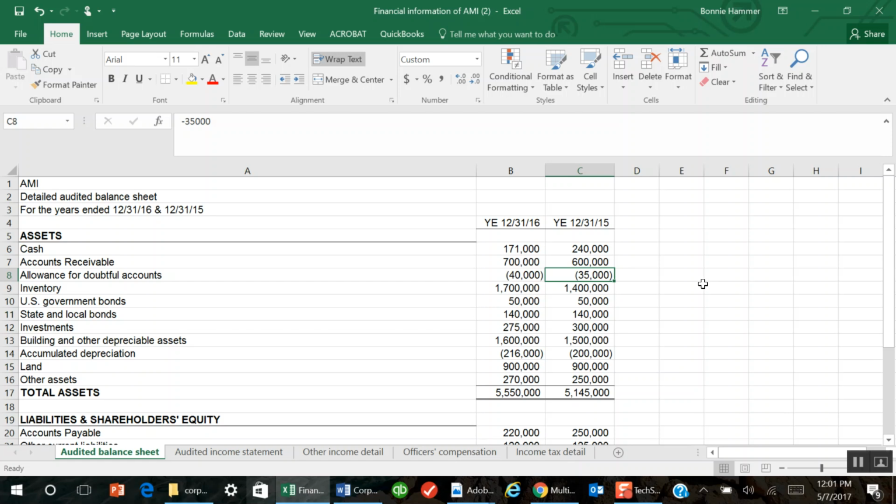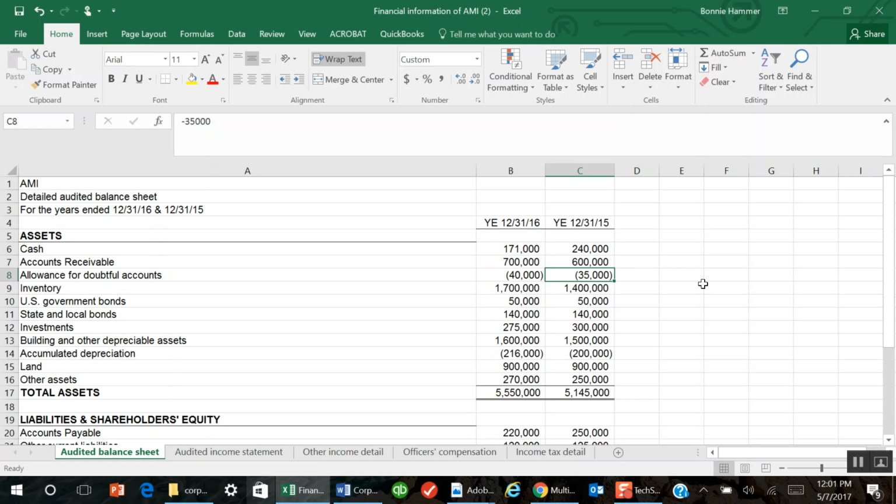We had a $5,000 increase to our AR allowance. Whenever the AR allowance is credited, because remember it's a contra AR, so it's a natural credit account, whenever something is booked to the AR allowance, it's credit AR allowance, debit bad debt expense.